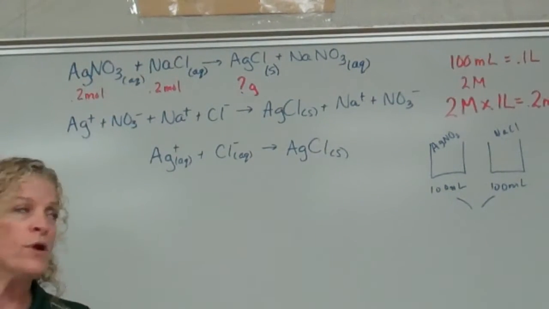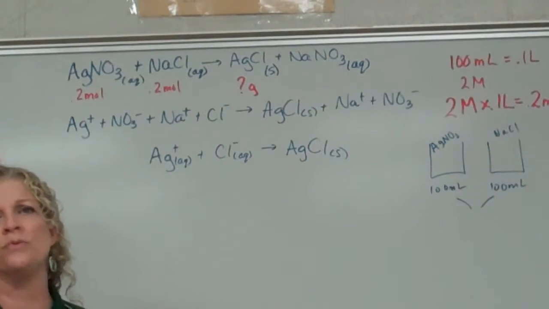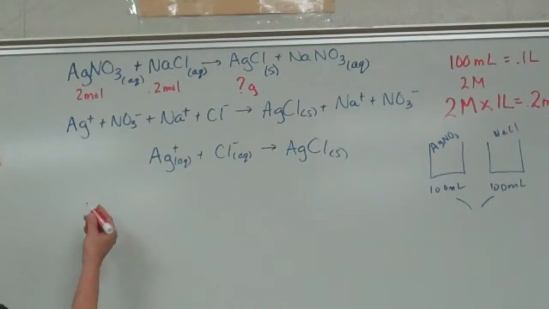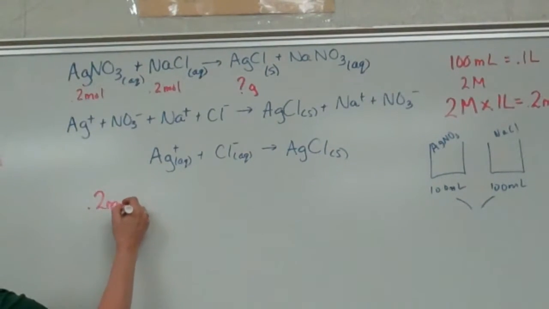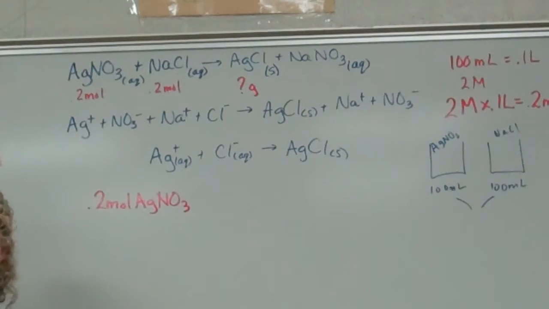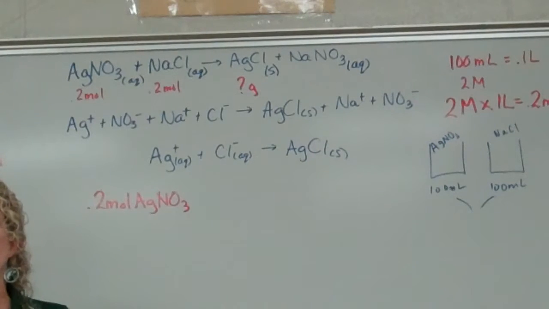So, if we are now going to set up our bridge so we can solve for silver chloride, which do we start with? It doesn't matter. Pick either one. So, we have 0.2 moles of, let's just do silver nitrate. And now I'm going to kind of avoid the bridge a little bit more. We'll go back and we'll write a whole bridge. But in your head, can you tell me how many moles of silver chloride we would make?